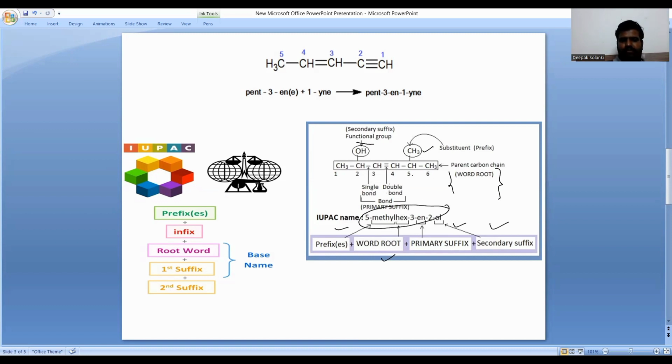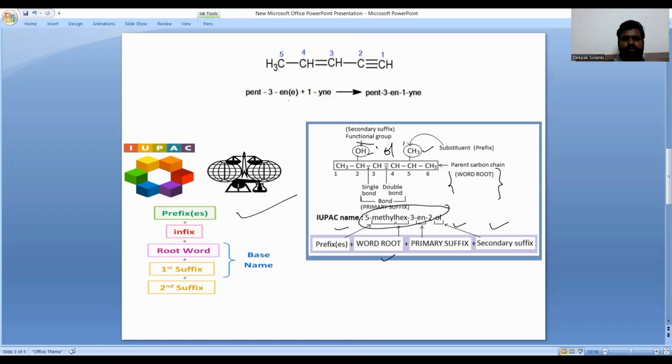5-methyl, because 5 is where the methyl group is added. The whole carbon chain is hex, and at the third position a double bond is there, that's why ene. And the second position has the functional group OL. So these are the rules: prefix plus word root plus primary suffix plus secondary suffix. Let me take an example. 1 2 3 4 5, a 5 carbon chain, pent.